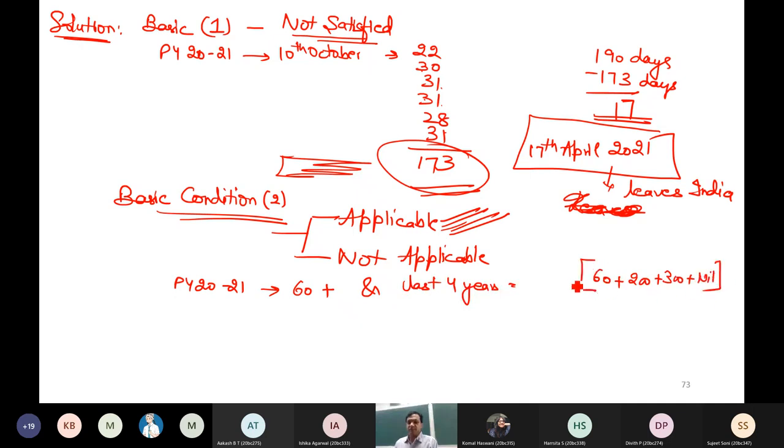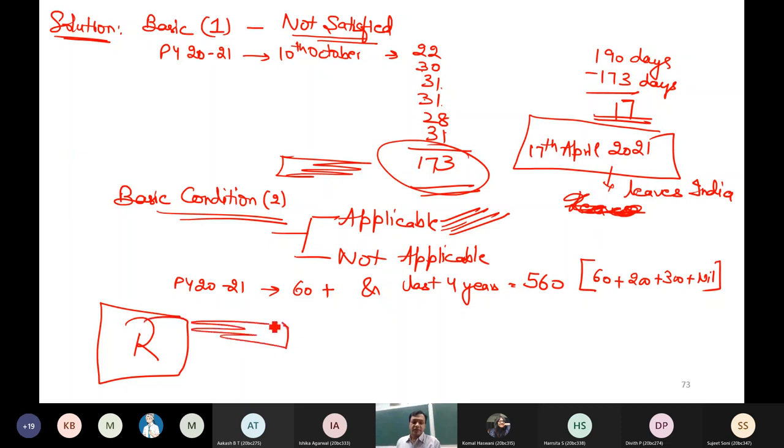So it is 560. So I can say that yes, basic condition number 2 is fulfilled. So the individual is resident, there is no doubt about it.